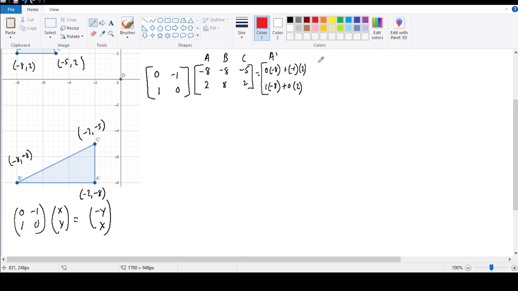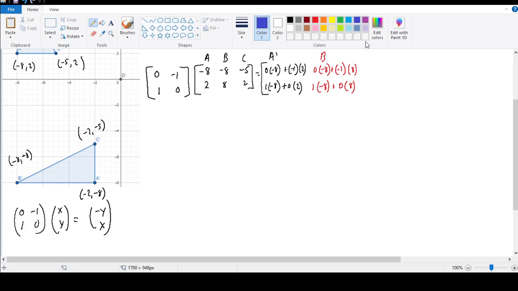And then we have B. Let me put this in a different color. Row times column, that's 0 times -8 plus -1 times 8, then row times column, that's 1 times -8 plus 0 times 8.